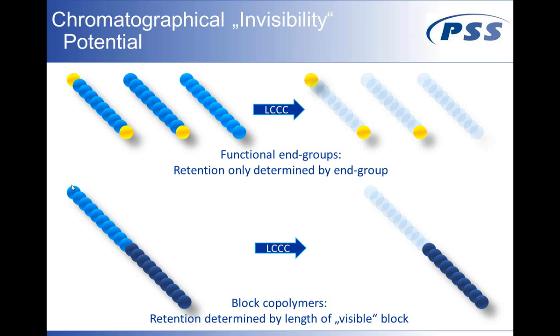But if I use critical conditions, I make this block chromatographically invisible, and so my column sees only this deep blue block. So I have a way to look at the block length of this visible block, although it is attached to the block copolymer.